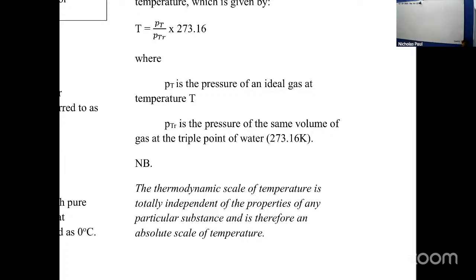At another temperature, the pressure is 150 kilopascals. Find the unknown temperature in Kelvin.